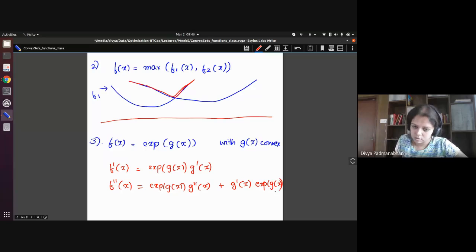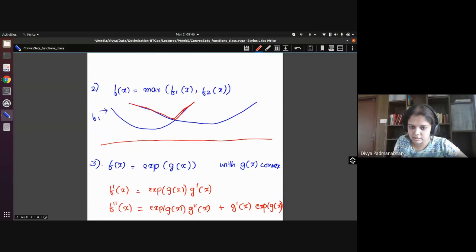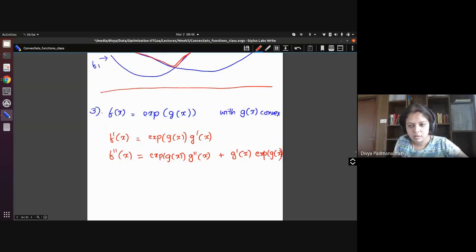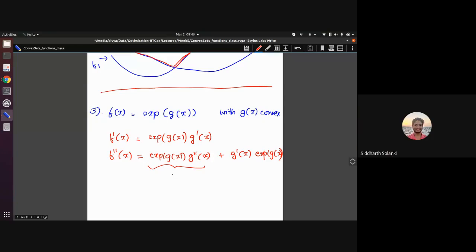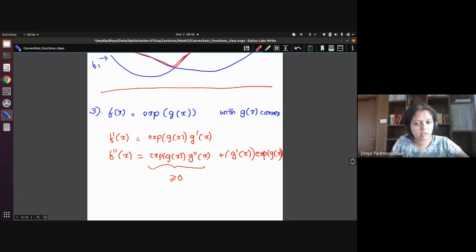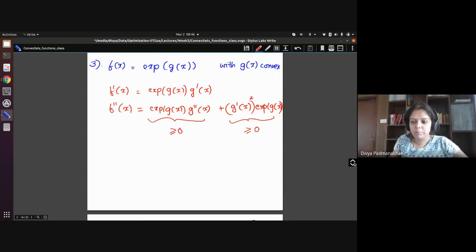Now we need to say that this is greater than 0, right? So this quantity is going to be greater than or equal to 0 always. This is g prime x square, right? Thanks for pointing this out. So now we see that these two terms are always greater than or equal to 0. So that's where this holds. So that's about some operations.